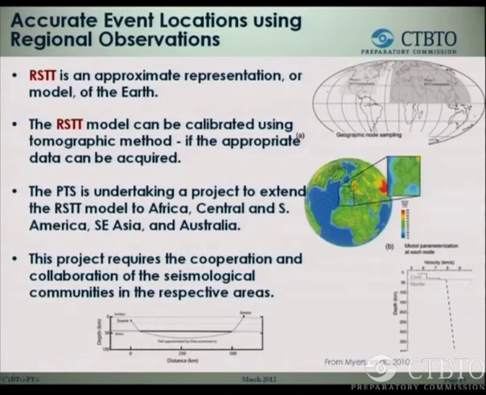Therefore, the challenge is to identify all of the regional network operators that acquire local and regional data, and then be able to get them to release their data for processing at the IDC.